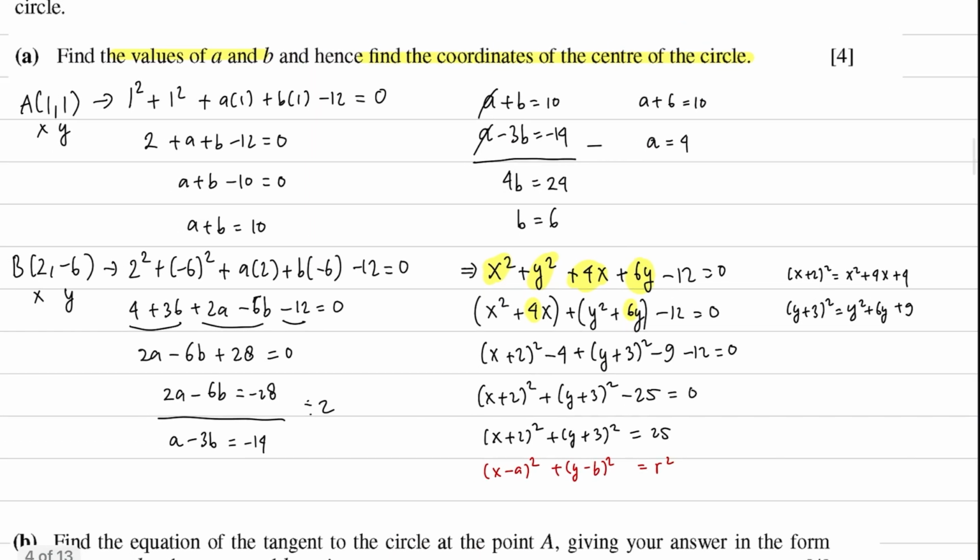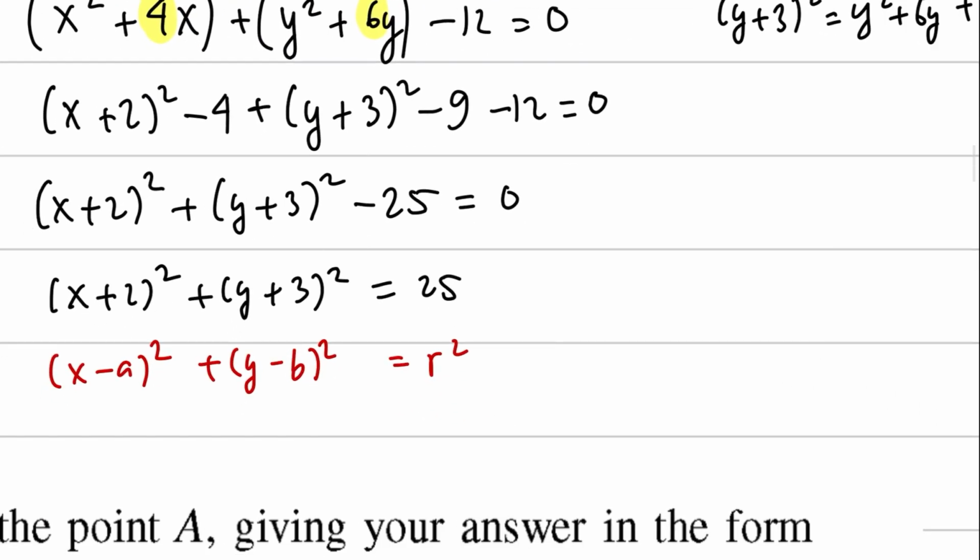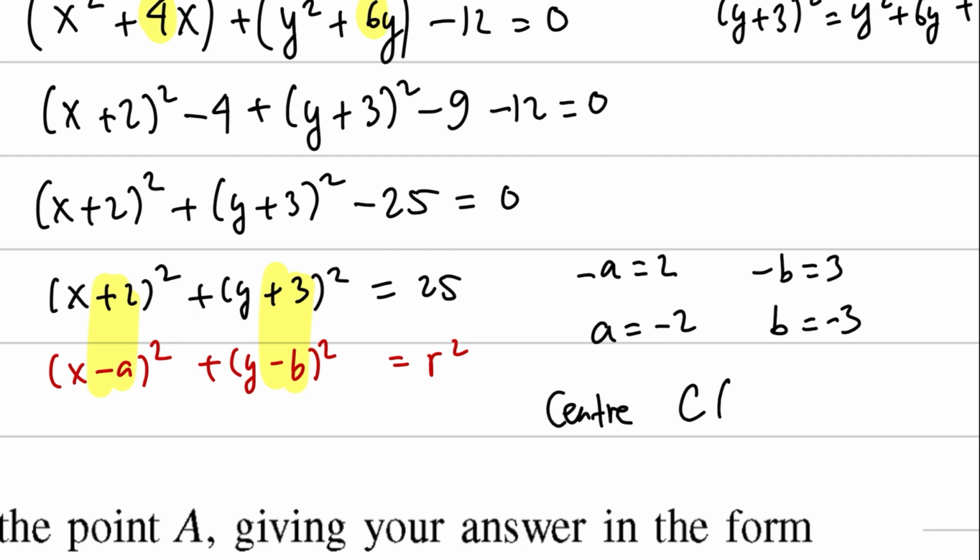For the center of the circle, just look at the numbers here. So the first one is minus a equals 2, so a equals minus 2. Minus b equals 3, so b equals negative 3. So the center, let's call it C, will be (-2, -3).